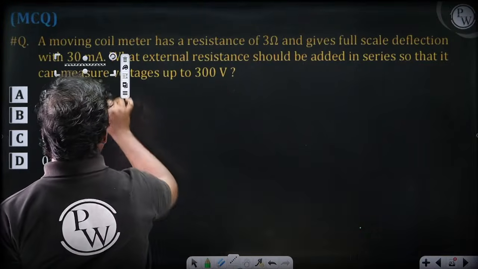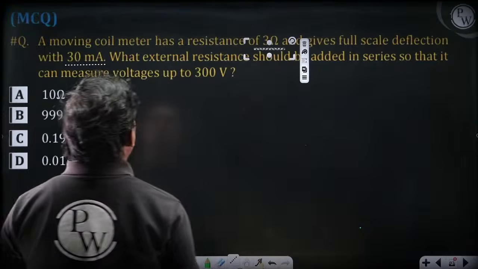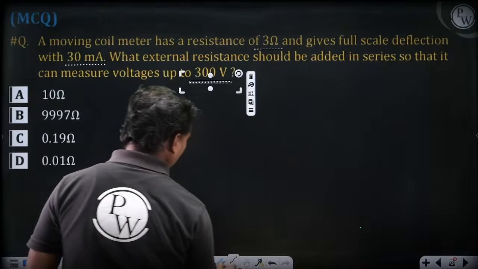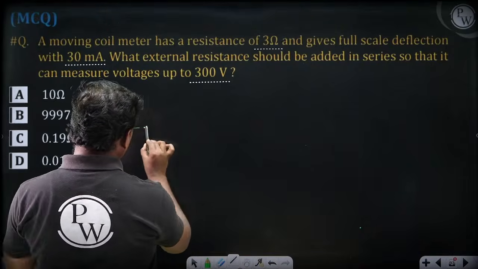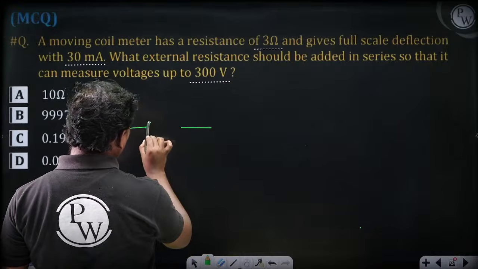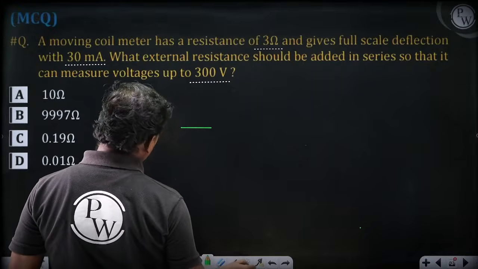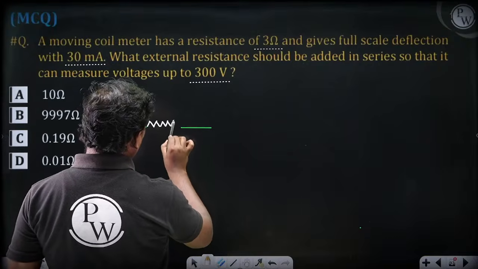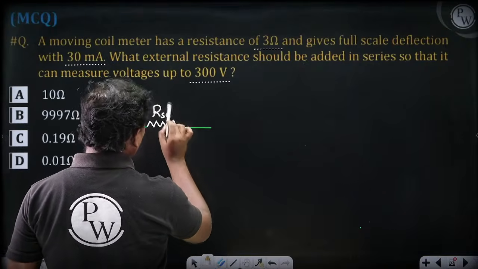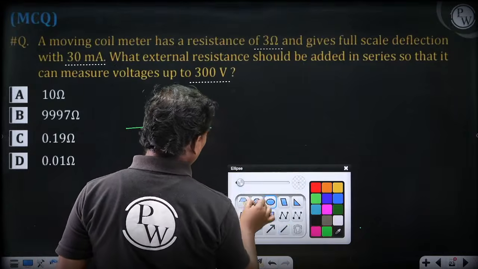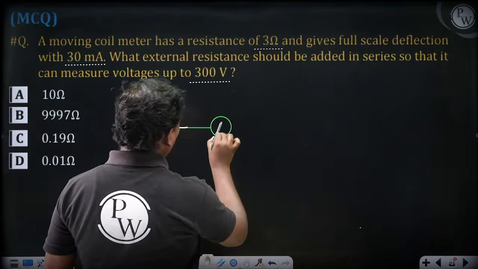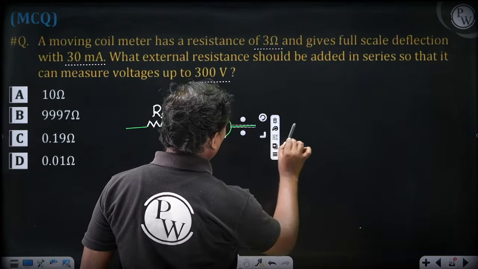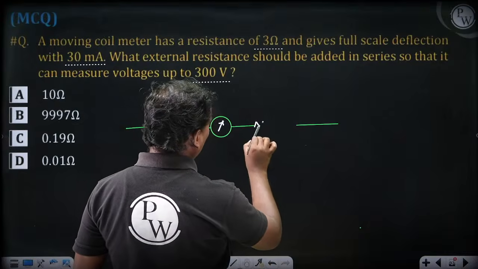So this is 30 milliamperes, this is 3 ohms. What external resistance should be added in series so that it can measure a voltage up to 300 volts? So if you see this, this is a series resistance. So this is a voltmeter. So this is the meter resistance.